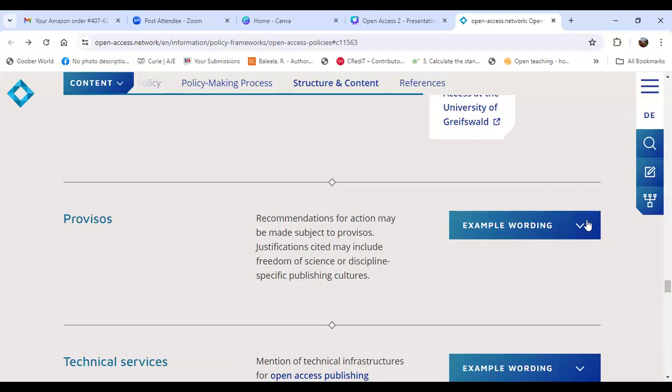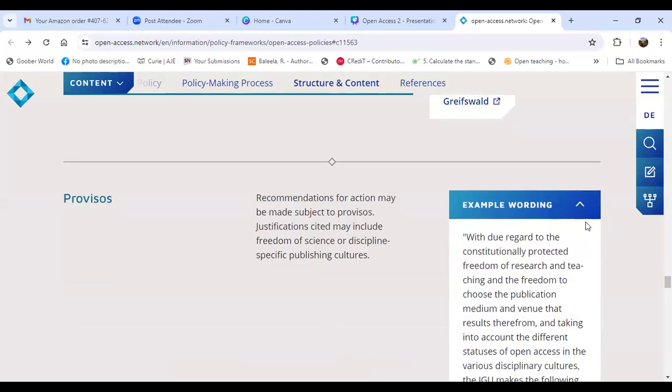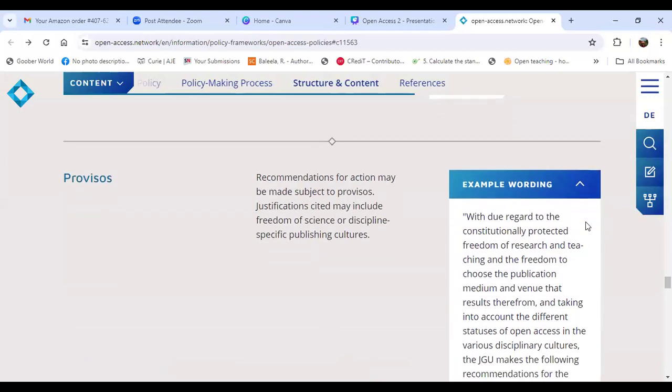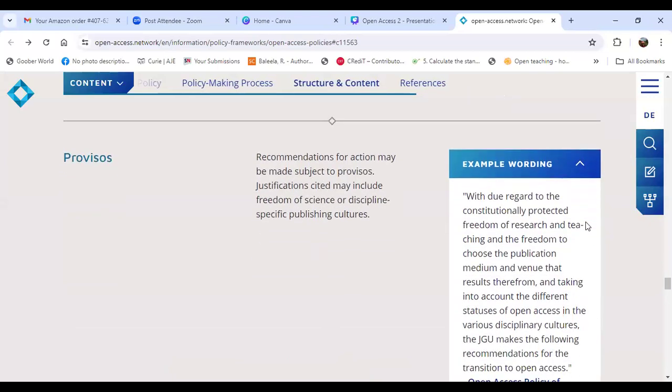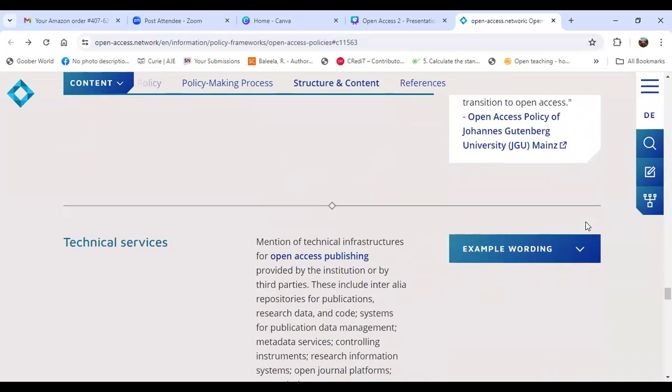You can find here an example of a proviso, like with due regard to the constitutionally protected freedom of research and teaching, and the freedom to choose the publication medium and venue that results therefrom, and taking into account the different statutes of open access, etc., etc. So you have this section added to a policy.